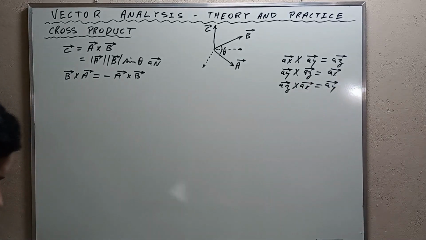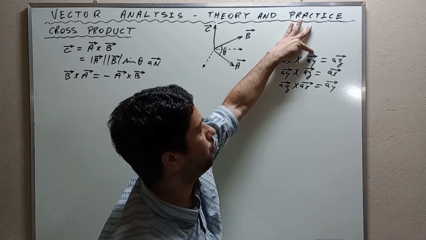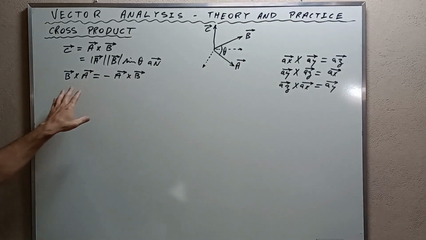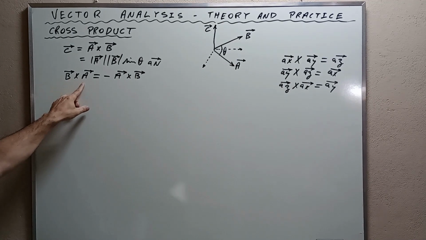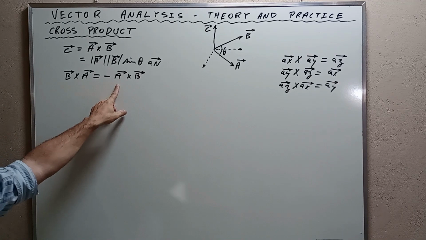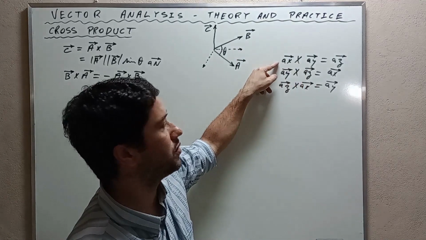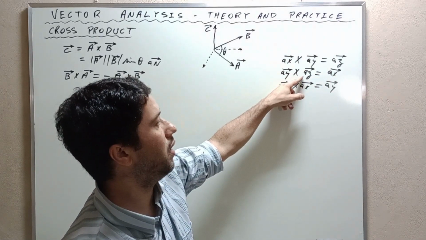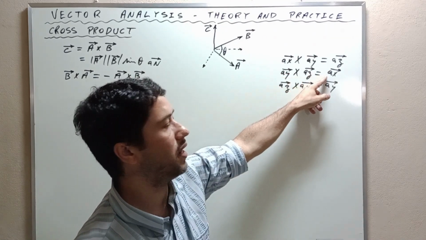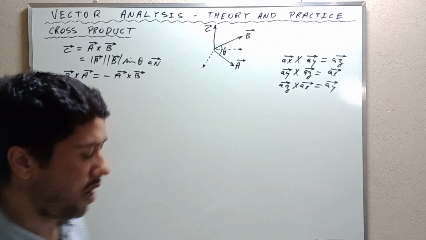Okay? And observe also that if we reverse this, follow this rule here: B cross A is the negative of A cross B. So, AY cross AX is negative AZ. AZ cross AY is negative AX. AX cross AZ is negative AY, alright?